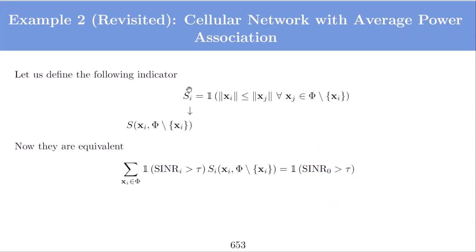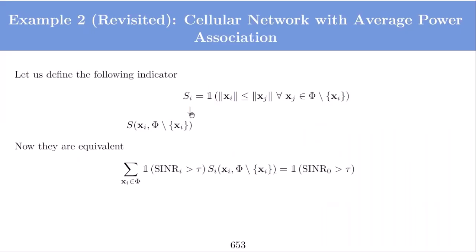So I define a new indicator S_i, which indicates that for xi, the ith base station is the closest base station among all the points, right? So if xi is the closest base station, S_i is 1, otherwise it is 0. And now you can write their equivalent. The indicator that SNR 0 is more than tau is equal to the summation over the indicator SNR i more than tau times S_i(xi, Phi minus xi).